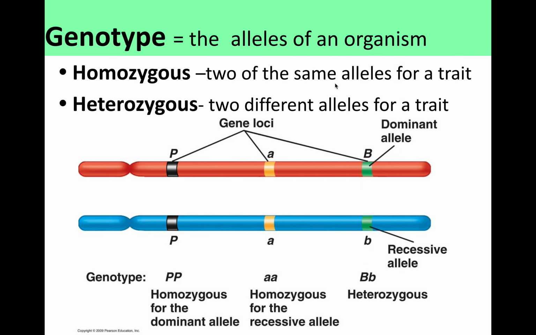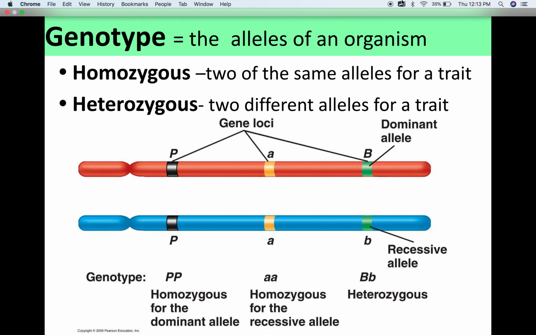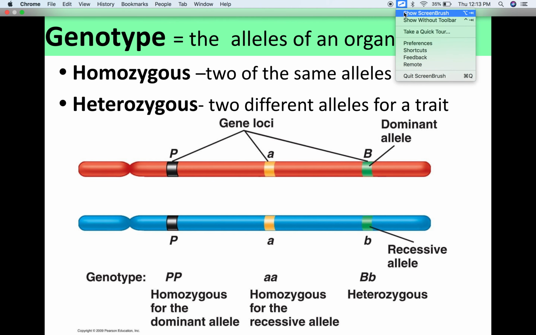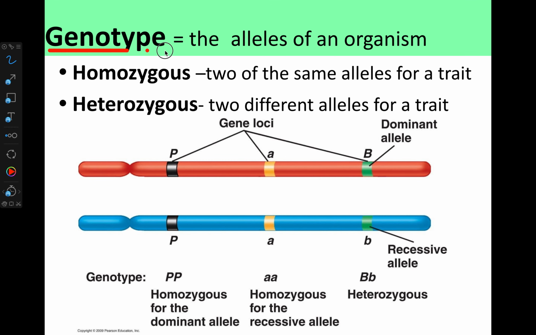Okay, so there are different types of allele combinations, and the combination of alleles is called a genotype. These are the alleles of the organism. You're only ever going to have two, because you only have two biological parents.